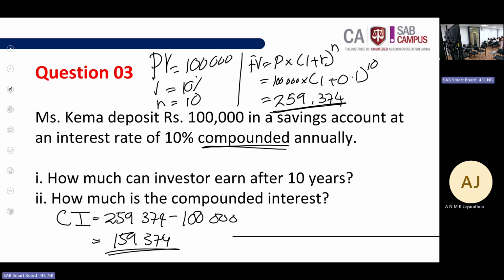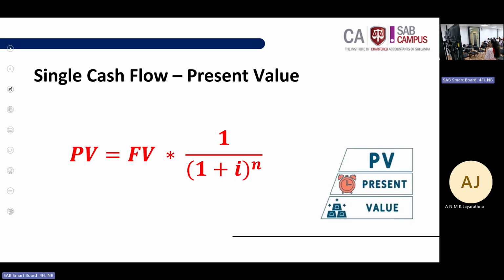Now we'll go to the next part. The other one, what is it? Calculating what? Present value of future cash flows. How can we calculate?